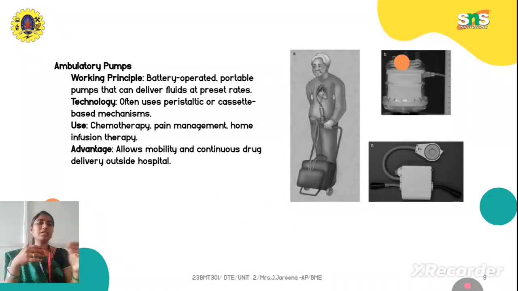There are certain conditions where patients have to be medicated continuously 24/7, or where there is long medication management for the patient. Then we can go with ambulatory pumps, because they are very simple, easily carried by the patient, and do not disturb the patient's other daily activities. For example, you can use this type of ambulatory pump for chemotherapy, pain management, and home infusion therapy.